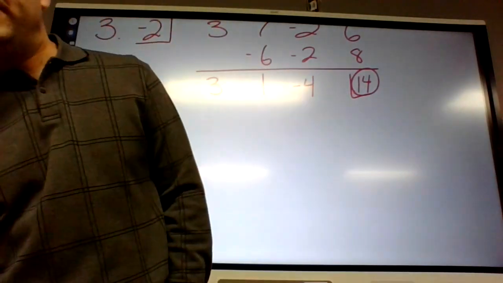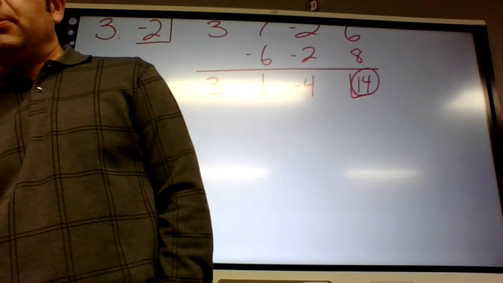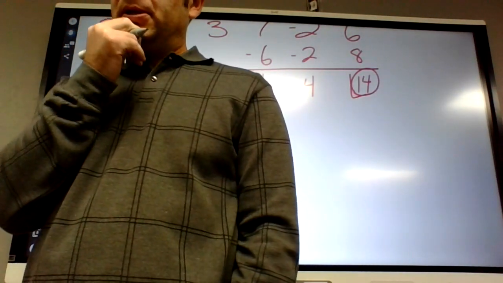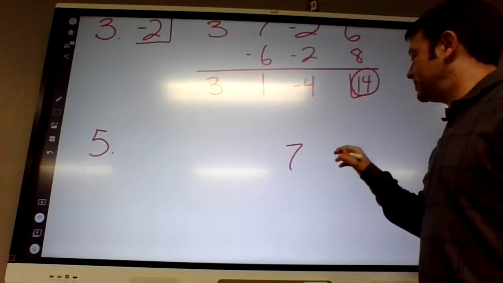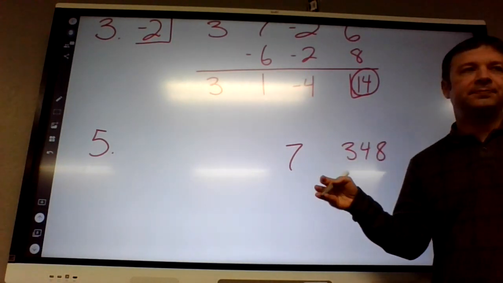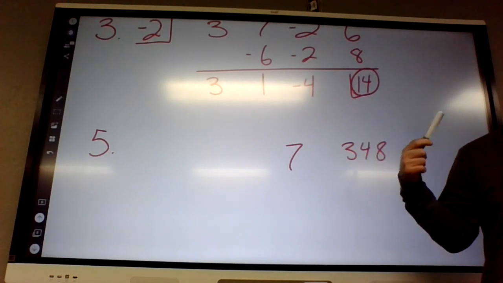All right, so number 5 says, use the factor theorem, which we haven't talked about yet, to determine whether each binomial is a factor. So how can I tell if, let's say, 7 is a factor of 348? Divide, and what should happen if it was a factor?